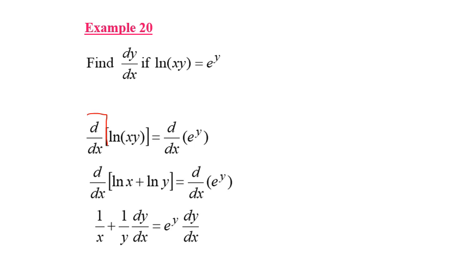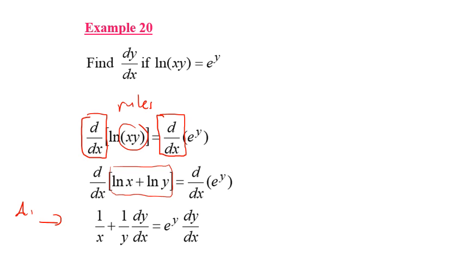We put this notation to show that we differentiate both sides: d dx of ln xy, and on the right hand side d dx of e to the y. Don't forget to use the rules of log, so we can split it into ln x plus ln y. And then here we differentiate.